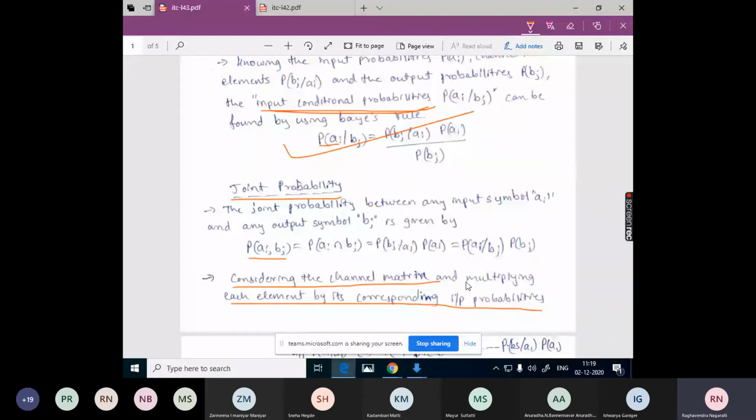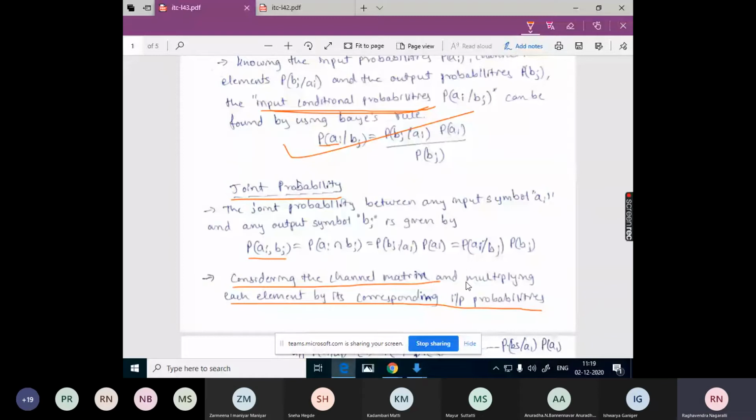Joint probability, P of Ai comma Bj, or we can also write it as P of A comma B. This is the joint probability matrix, or in short we call it JPM.